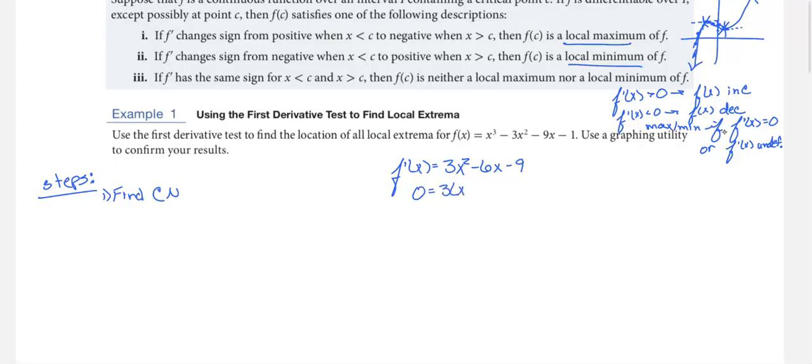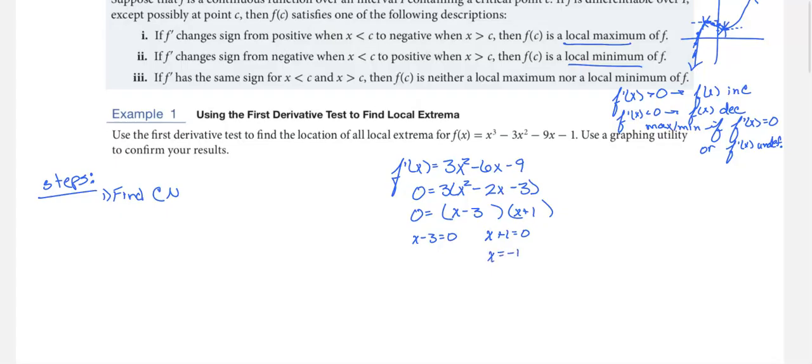So I'm going to factor a 3 out, and I'm going to divide by 3, so that's why my 3 is gone there. And this factors into (x minus 3) times (x plus 1). So I've got two critical numbers.